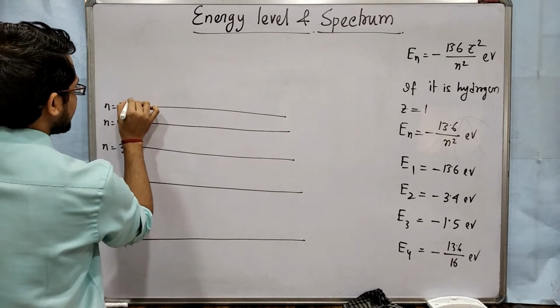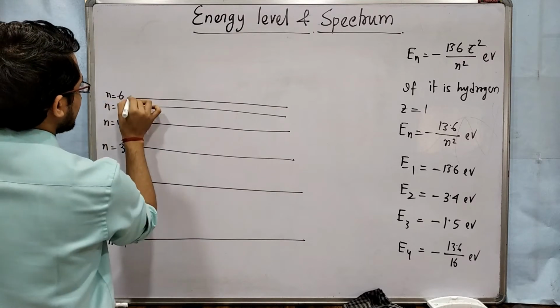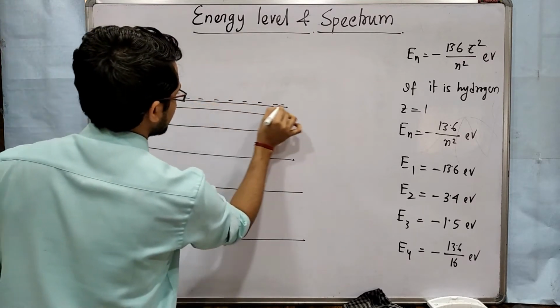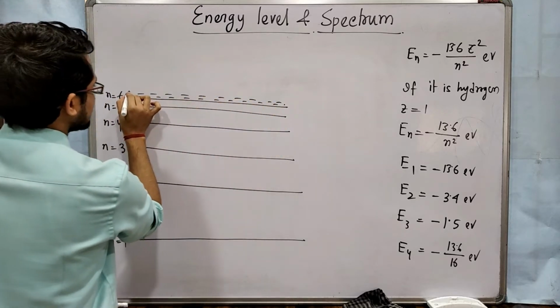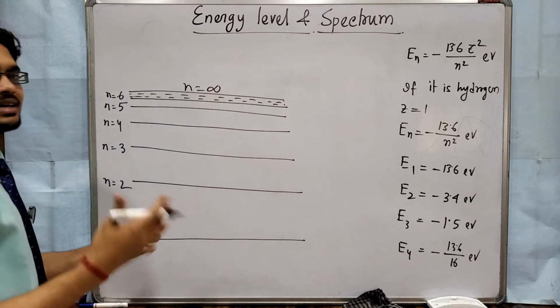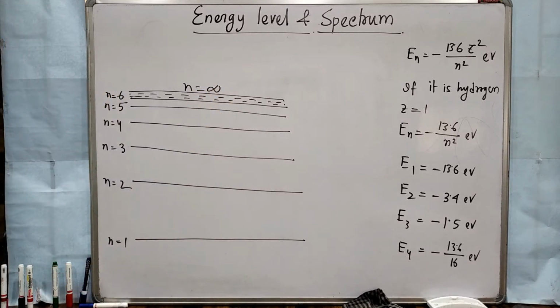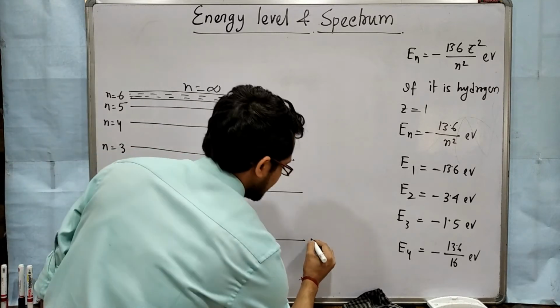N equal to 5, n equal to 6, and when we are going to infinity, the levels will overlap on each other. For each energy level we will also mention the energies.